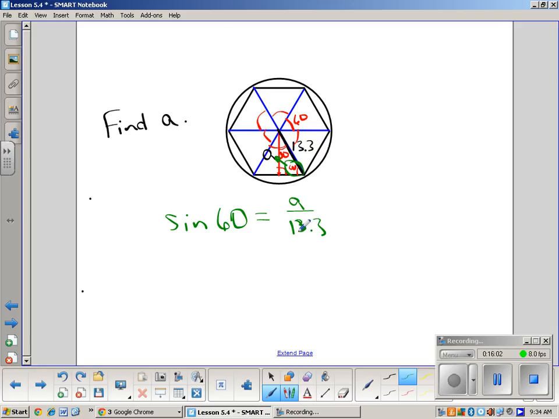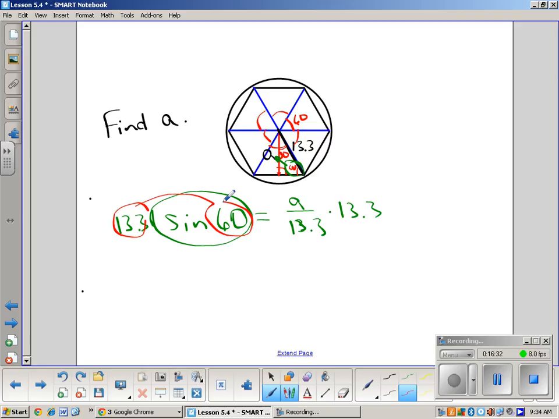Am I going to use cross products on this, or something simpler? I'm going to multiply both sides by this denominator, 13.3. Make sure you treat that as a number. Some people, I'll do it in red because it's wrong, try to multiply the 13.3 by 60 and then take the sine of it.